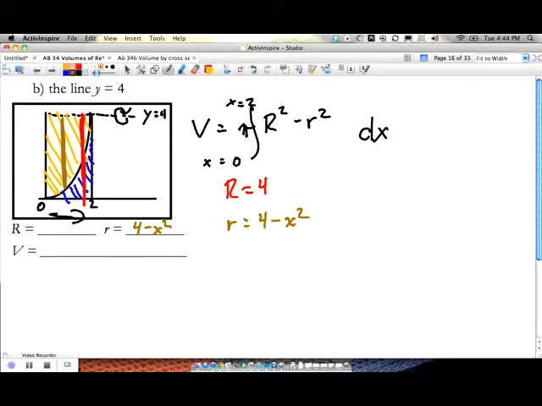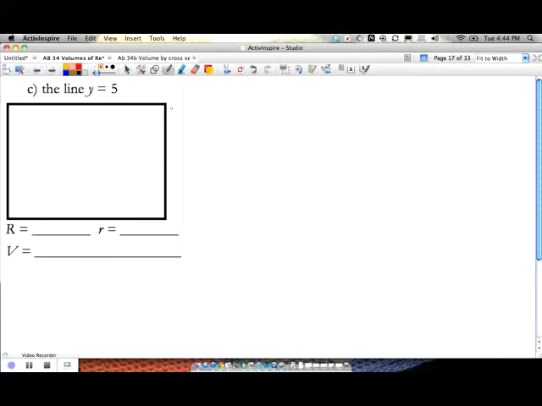So we've got 4 minus x squared for little r. Big R is 4. So the volume is going to be pi times the integral from 0 to 2 of 4 squared minus, and then we've got the whole quantity, 4 minus x squared, squared, dx. Remember, right now, again, we're mostly focused on setting these up. We can always go back and do the antiderivatives to evaluate them.